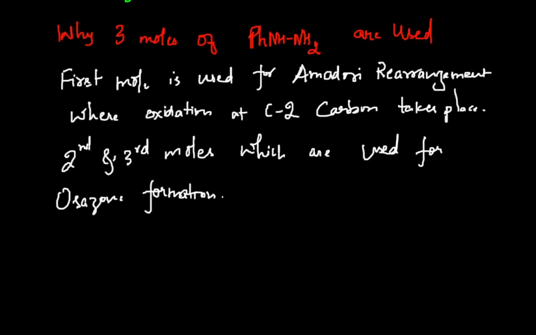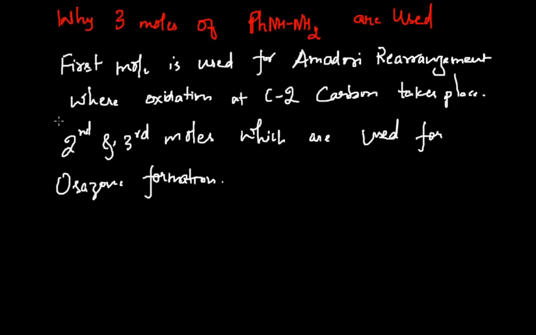Next question that might arise is, why not more than 2 groups for osazone formation? I mean, you can get a hexa-substituted compound, right? So why does it stop at 3 moles? Why are further moles not used?